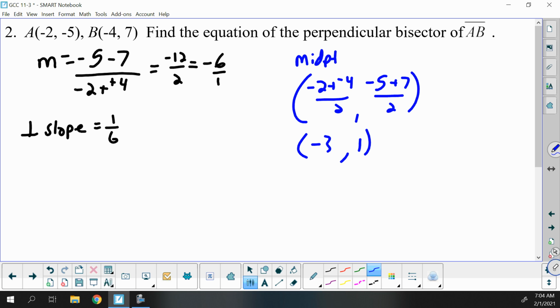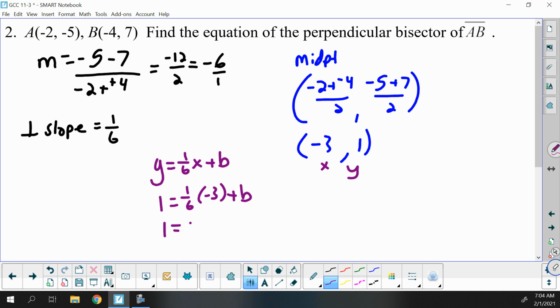So we've got our slope we're going to use, and we've got our point we're going to use. So we'll have y equals 1/6 x plus b. We'll fill in our x and our y. So 1 equals 1/6 times negative 3 plus b. So that's 1 equals negative 1/2 plus b when we sub that in.